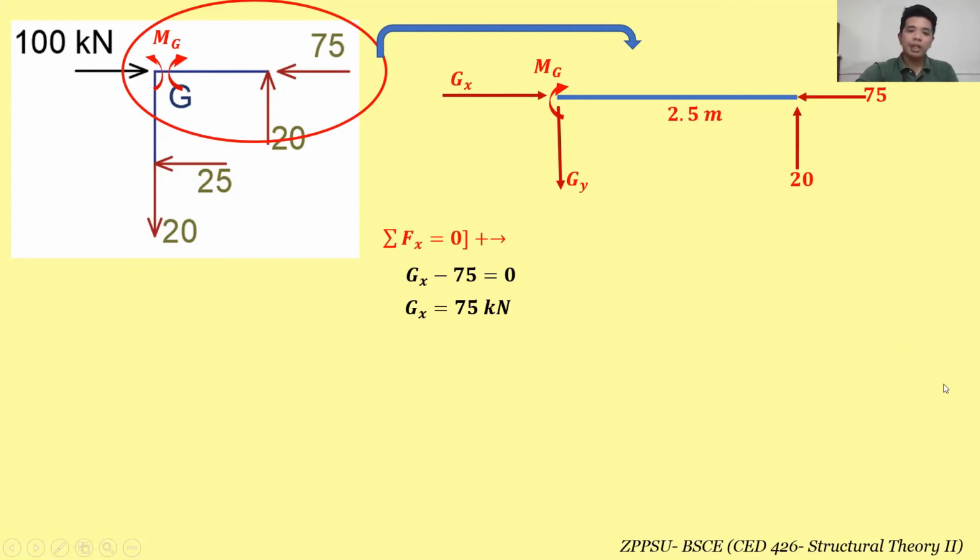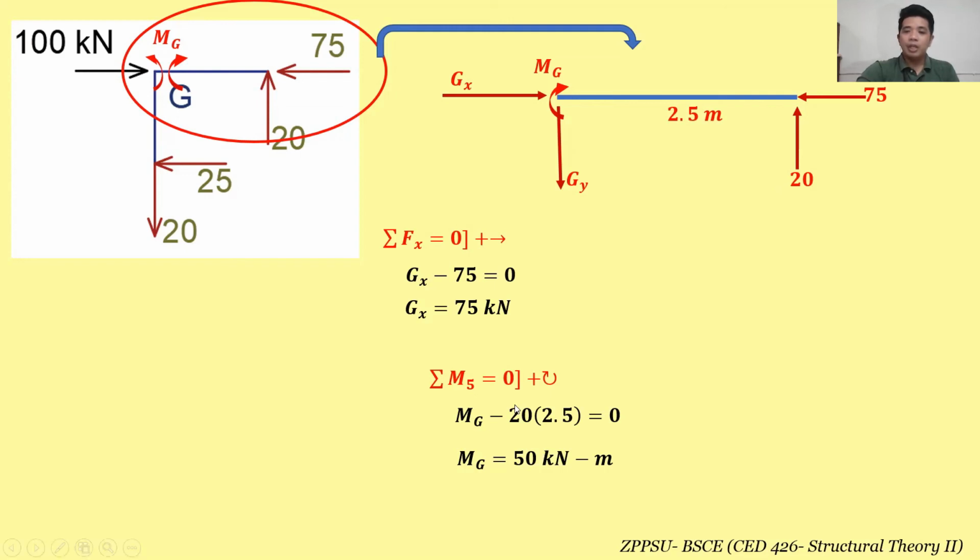So summation forces X equal to 0. So Gx is simply 75 kilonewtons. And summation moments about G. Anyway, kahit saan ka mag-moment, pero wala ka pang gy, so dito ka magmo-moment sa point G. That's point G, by the way.